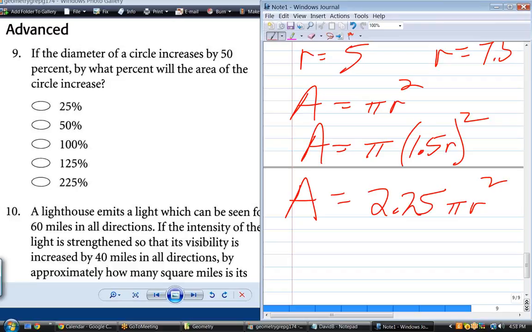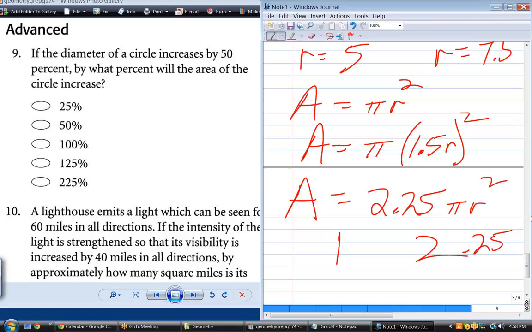Yeah, we were learning about that in exponential. That is definitely tricky. You got to be a little careful about that. If you increase 1 to 2, you're increasing it by 100%. If you increase 1 to 2.25, you are increasing it by 125%. It kind of depends on how it's worded.